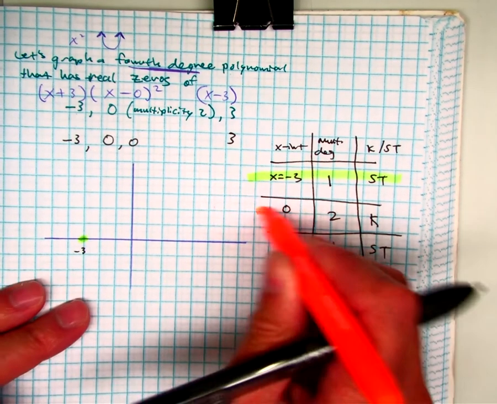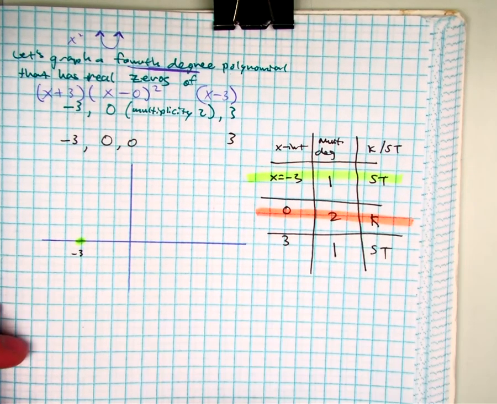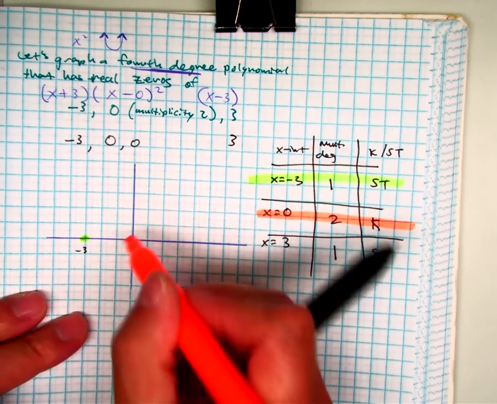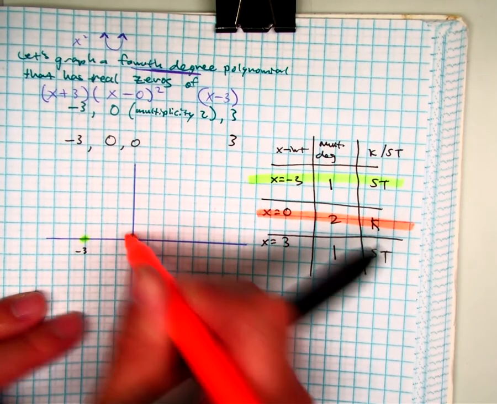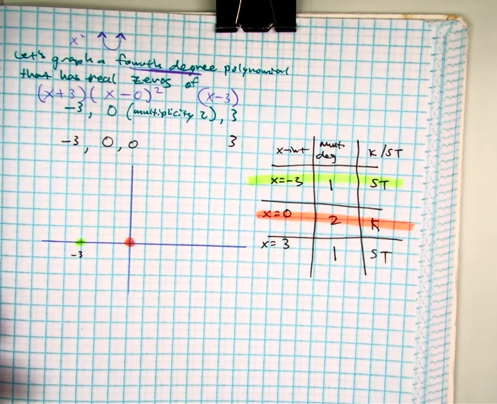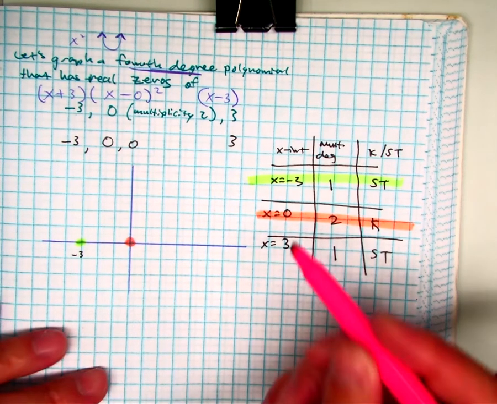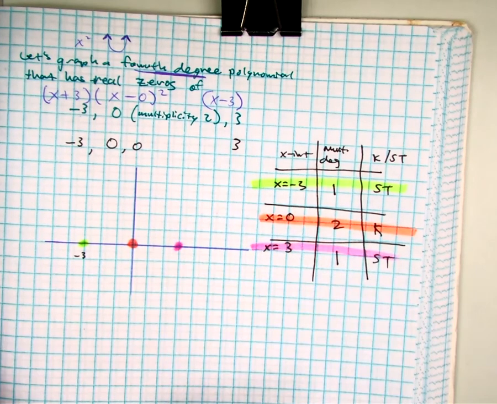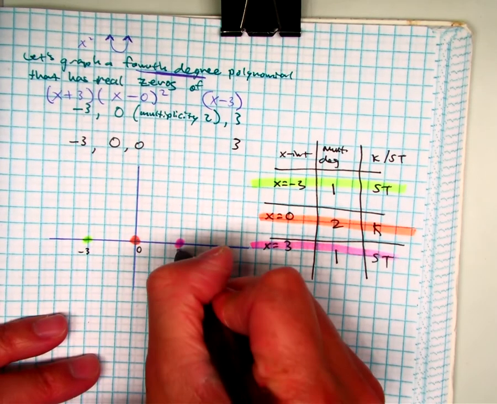I'm going to the x-axis at 0. So x is equal to 0, x is equal to 3. That's right here. And then I'm going to go to x equals 3. So there is 0, and there is 3.